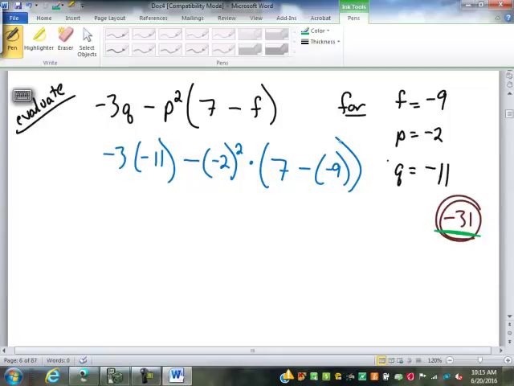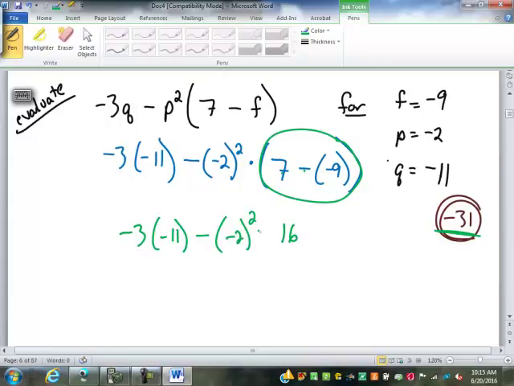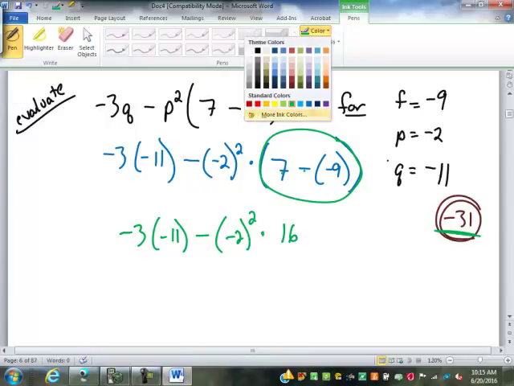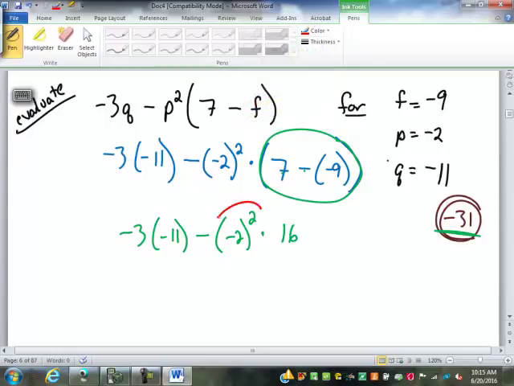So anyway, here we would start out in the parentheses and the enclosing symbols. 7 minus a -9 is a +16. Next, we have the -2 squared, which is a +4. Notice it's still minus in front here, since we were subtracting that -2 squared, so that subtraction is still there.